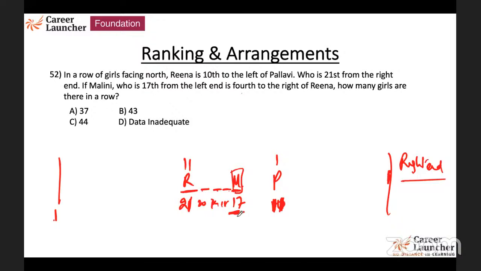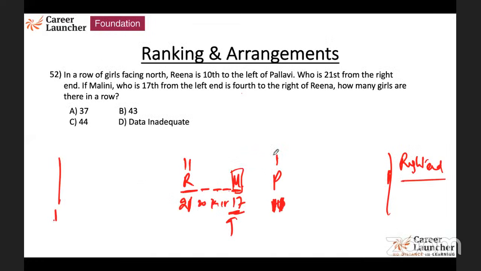How many girls are there in this row? This is 17th from the left end, and we know that the right end also is, okay, one second. Am I making a mistake? In a row of girls, Reena is 10th to the left of Pallavi, correct. Who is 21st from the right end? Okay, my mistake. Oh, sorry. This has to be 21st.